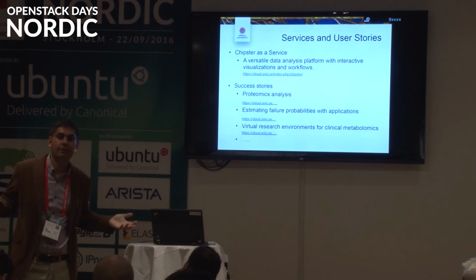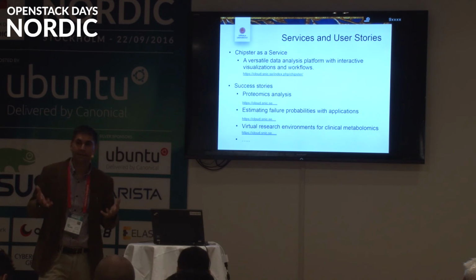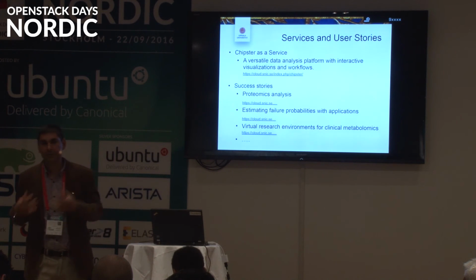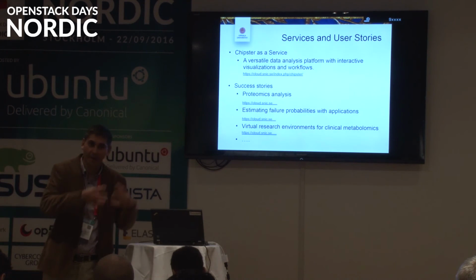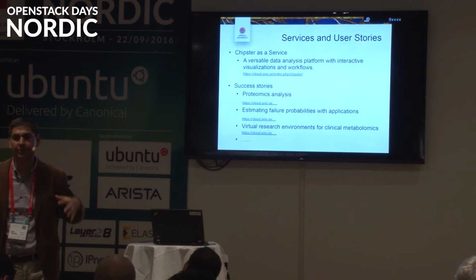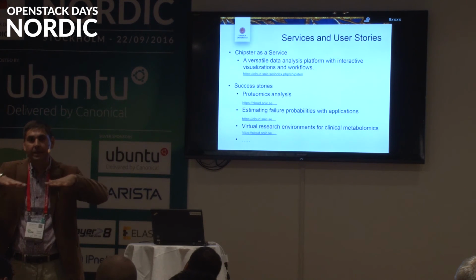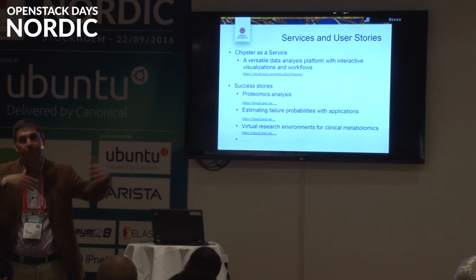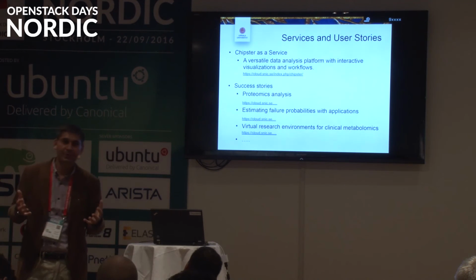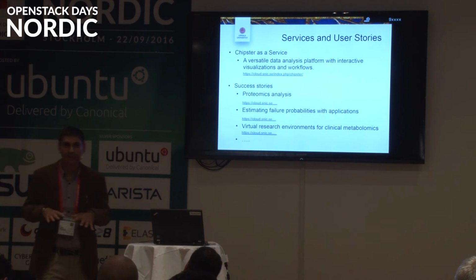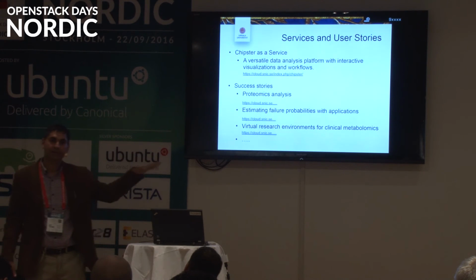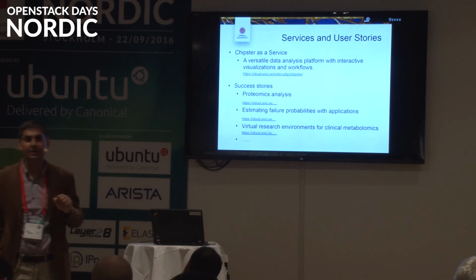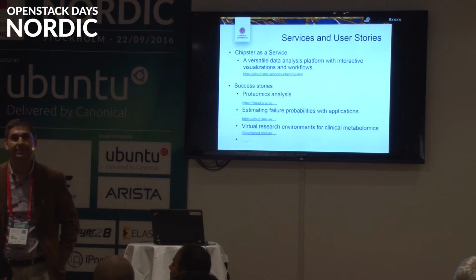So we all have different settings, depending on how many resources and how much expertise we have in the local data center, but still we would like to have a platform that can provide the services from different centers. So we would like to reduce the workload, but still provide the maximum possible options. That's the basic idea.